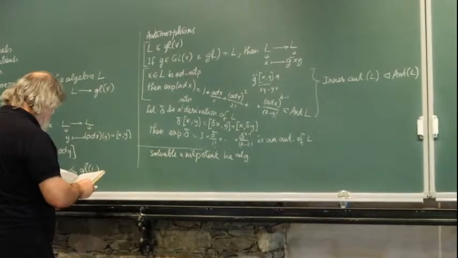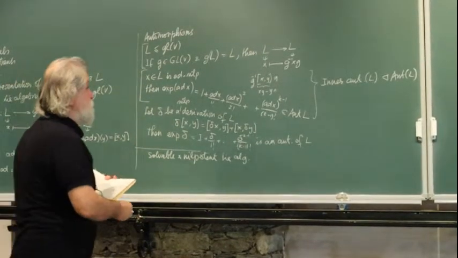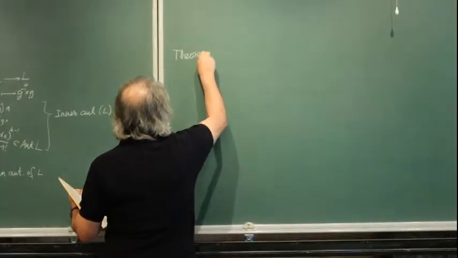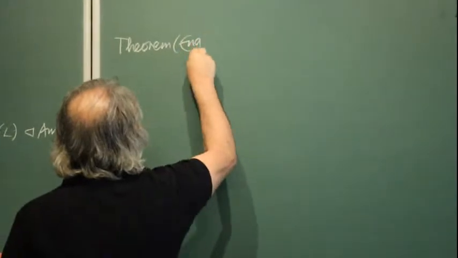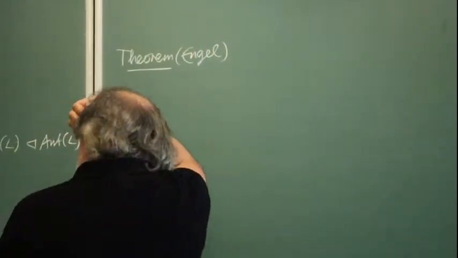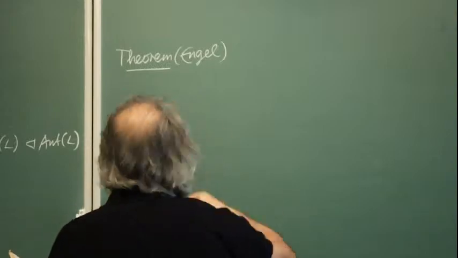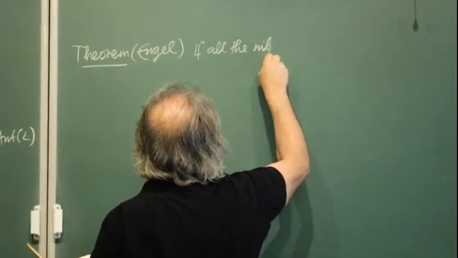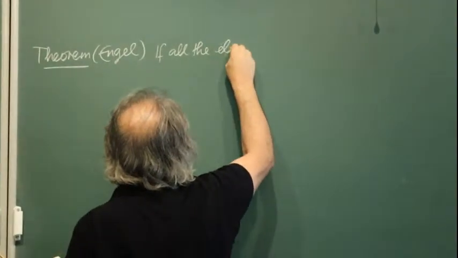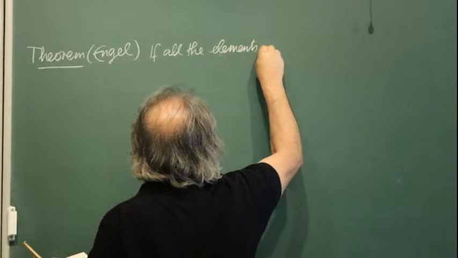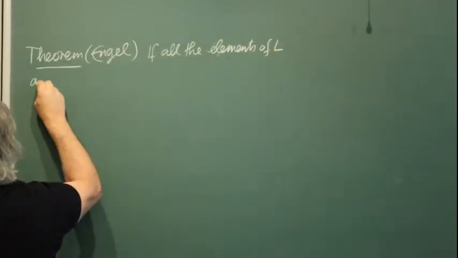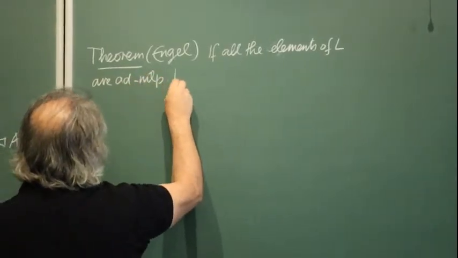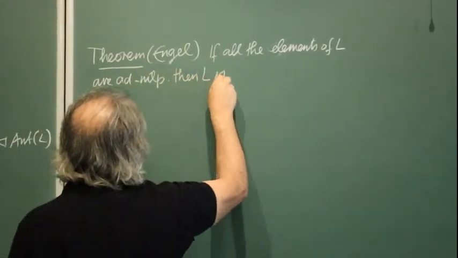Now there's a theorem here, Engel's theorem. It says that if all the elements of L are ad-nilpotent, then L is nilpotent.